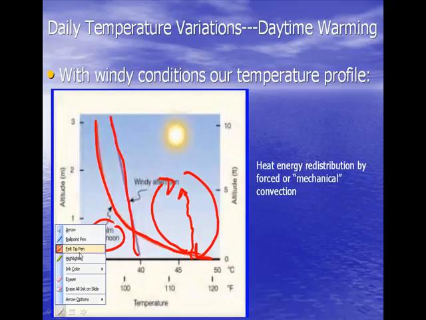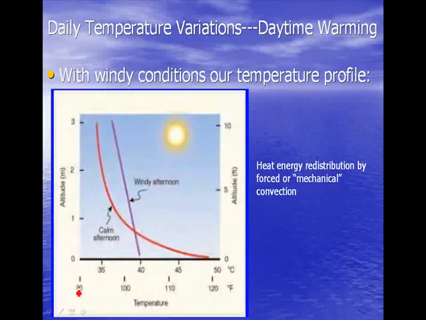Let me clean this up a little bit here. Again, with windy conditions, we redistribute the temperature profile by mechanical convection. In other words, the wind is providing aid to transfer energy throughout the atmosphere. So instead of the temperature being up near 50 degrees Celsius on a windy day, we might see something around 40 degrees Celsius in this particular example. And then as we go up, temperature decreasing with height.